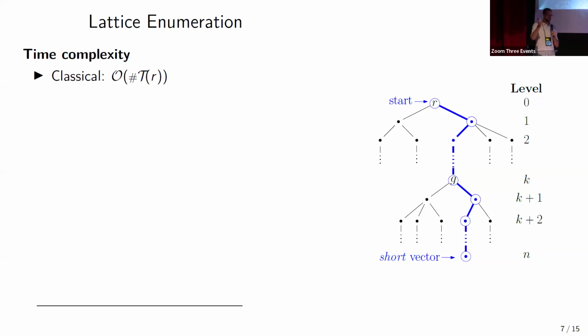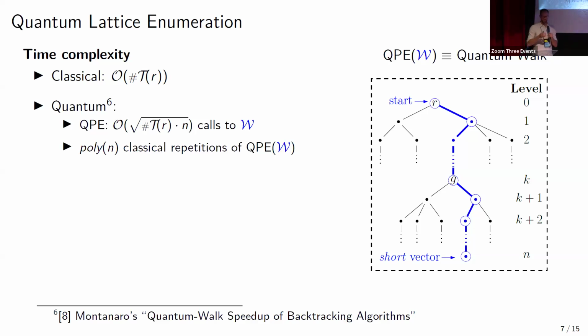basically until the depth first search, or the exhaustive search, finds the short vector. And now Ashley Montanaro showed that there is also a quantum algorithm that implements a depth first search. It is basically a quantum random walk, which applies quantum phase estimation to the operator W, and this operator W mimics the depth first search in the tree.